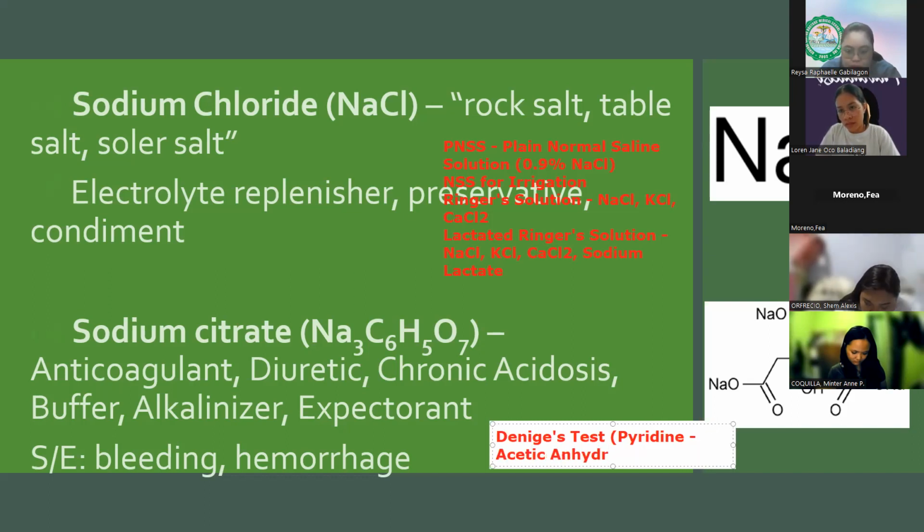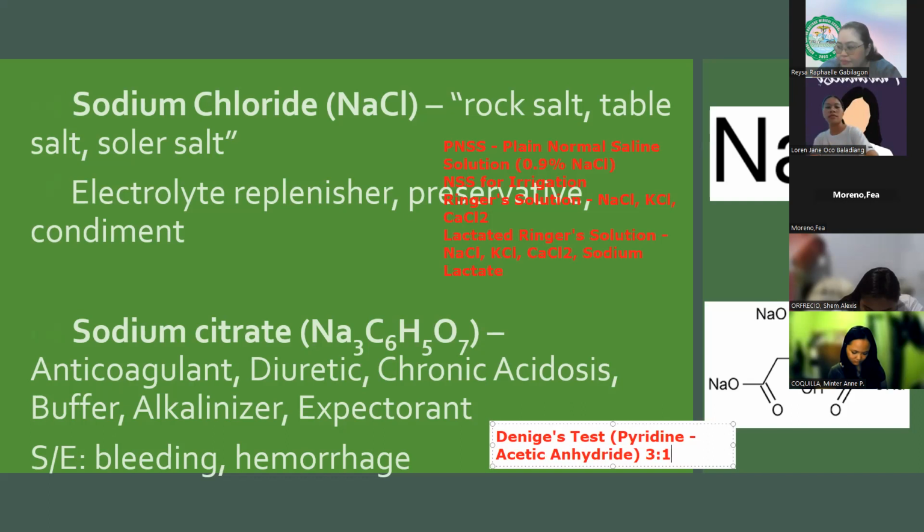Dalawa yung content nito ha. Ang isa pyridine and then the other one is acetic anhydride. 3:1 ratio. So 3 parts of the pyridine, tapos ihahalo mo siya into 1 part of the acetic anhydride. Mabubuo yung ating solution for the Dinige test.